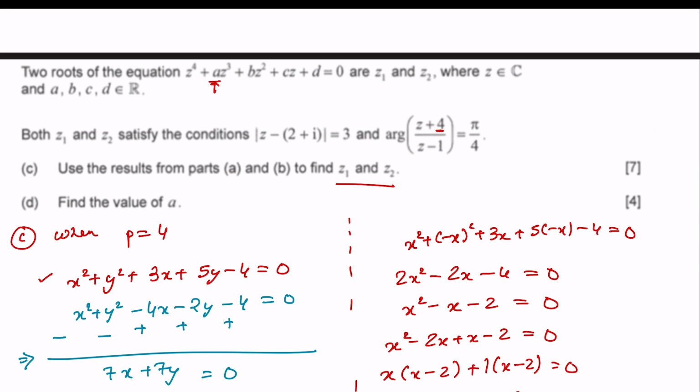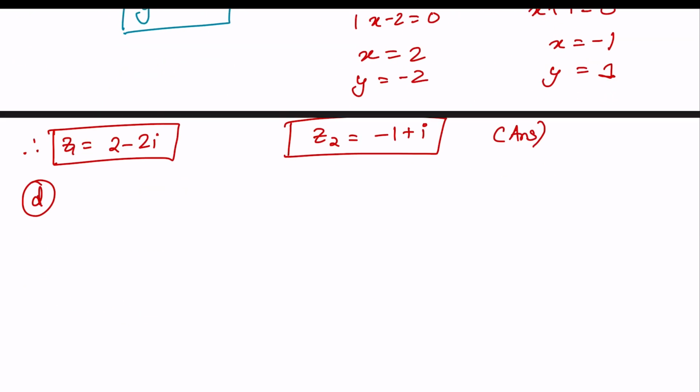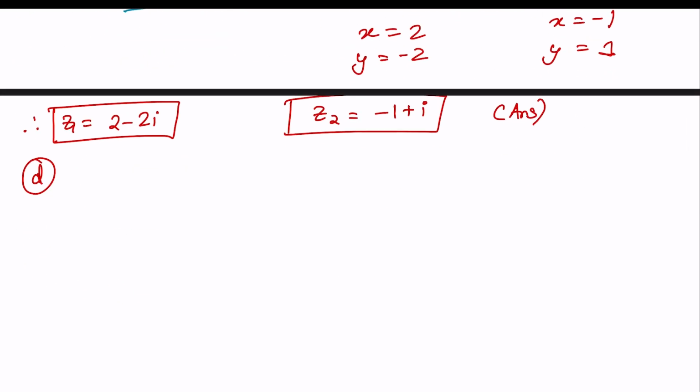So we can use the sum of roots formula. I know z1 and z2. The conjugate of z1 will also be another root of this equation. So z3 will be 2 plus 2i, and z4 would be minus 1 minus i. These are the two other roots, because if you have a complex root of an equation, its conjugate will also be a root of the equation, right?